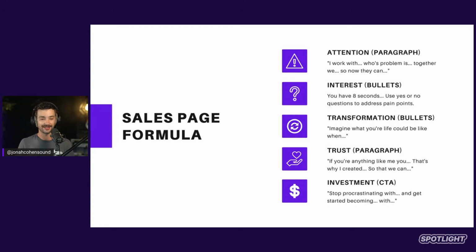It also says that you can't not answer a yes or no question if you read it. Anyone who reads a yes or no question will answer it in their head. So you can create these 7 to 10 points of connection with a bulleted list of questions that address the pain points of your customer.